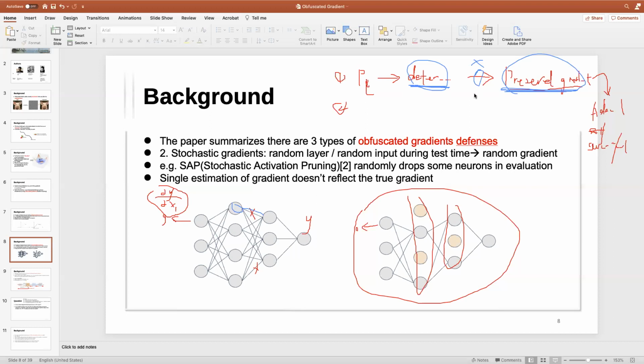The point is that if we drop the neuron here, definitely it will influence the result of prediction, right? For example, the original prediction was 0.9, and after we perturbate it a bit, it will drop to 0.7, right?